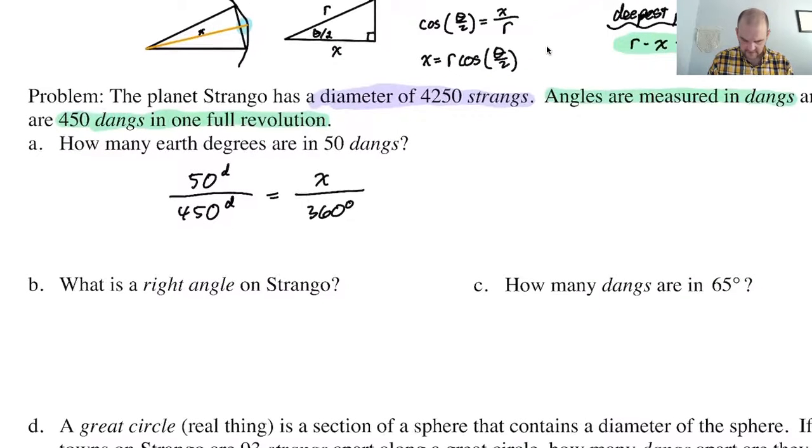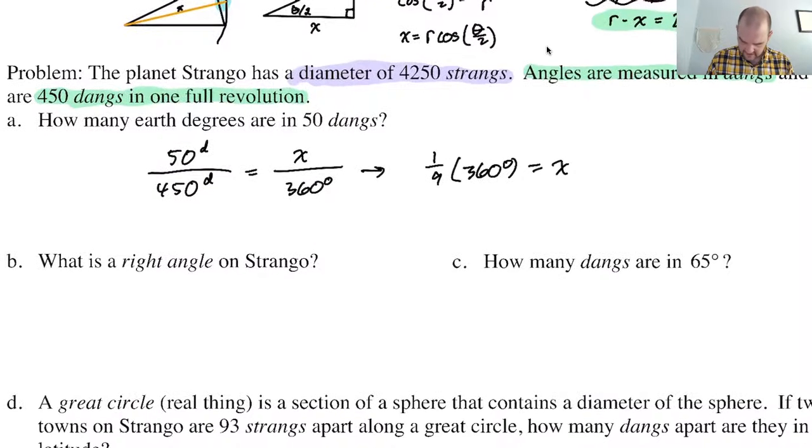Can we reduce this? Maybe. So 1/9 of 360 is equal to x. What's 360 divided by 9? 40. So I think x is 40 degrees. Okay, proportional reasoning. It's a great way to go.